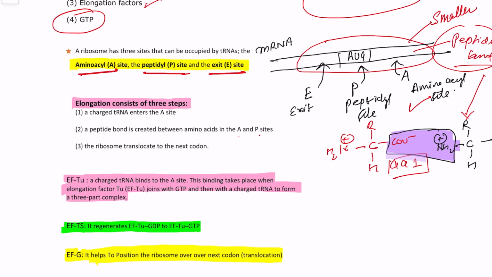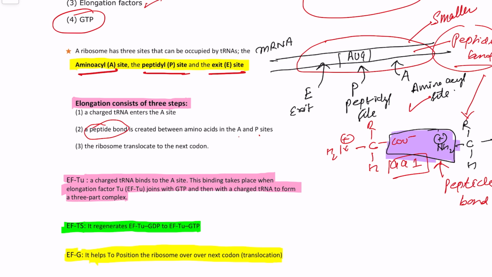Over here, this bond is known as the peptide bond. Clear? So it is formed between the carboxyl end of one amino acid and the amine group of the second amino acid, right? So this is what a peptide bond is, right?